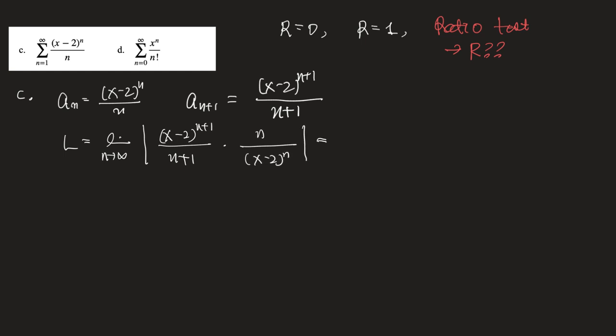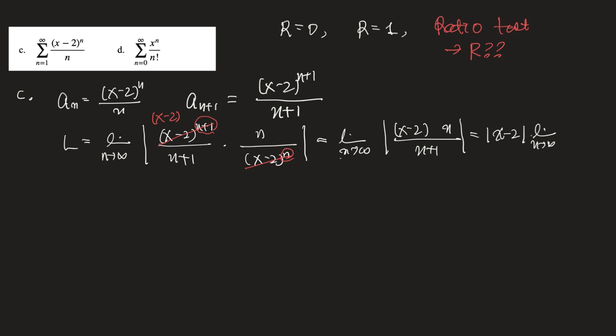So when you see this, what cancels out first? Here is the (x minus 2)^(n+1) and (x minus 2)^n. So we cancel, and only one power is left. Then you rewrite this limit: (x minus 2) times n over n plus 1. The limit is about n, so we put the absolute value of x minus 2 outside, times the limit as n approaches infinity of n over n plus 1.